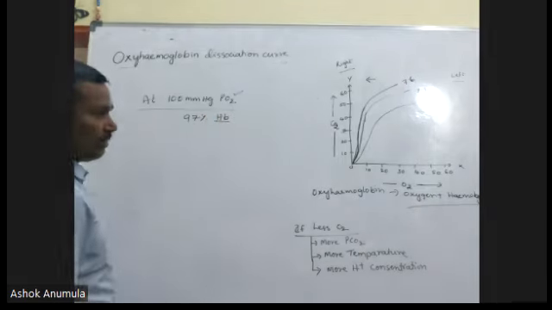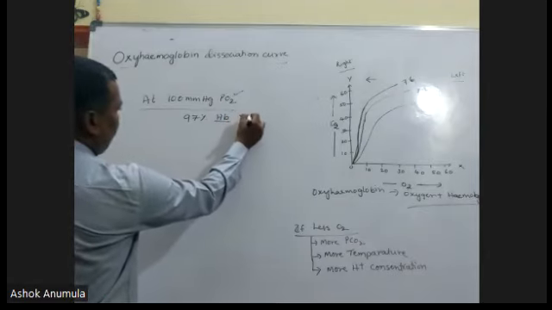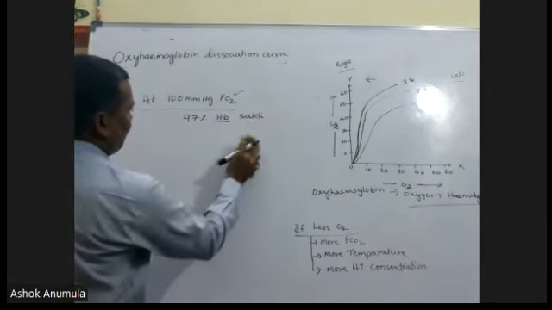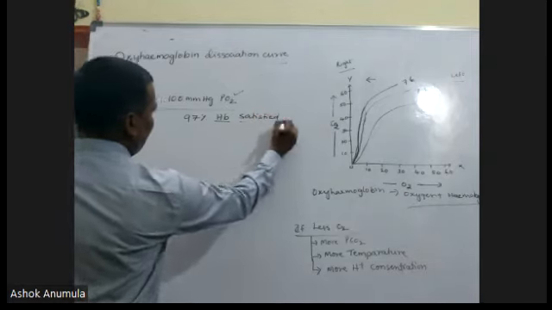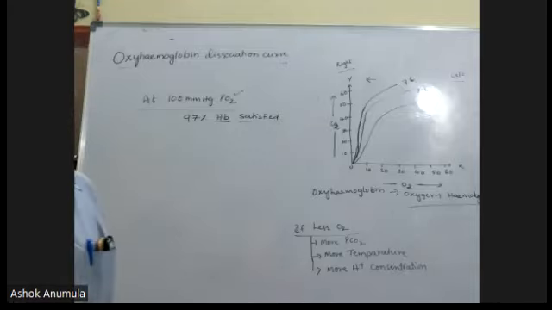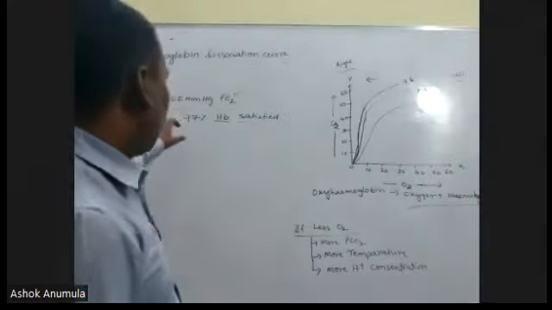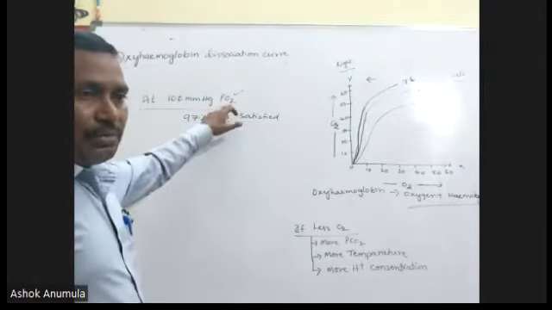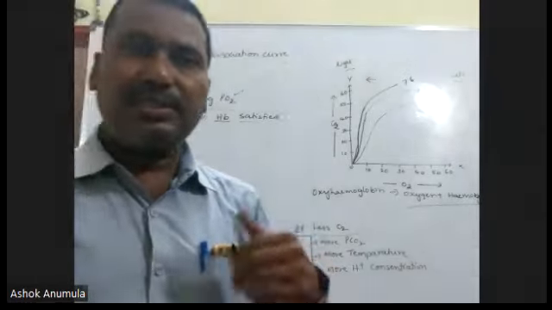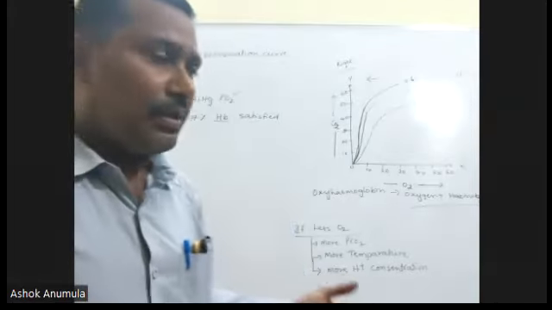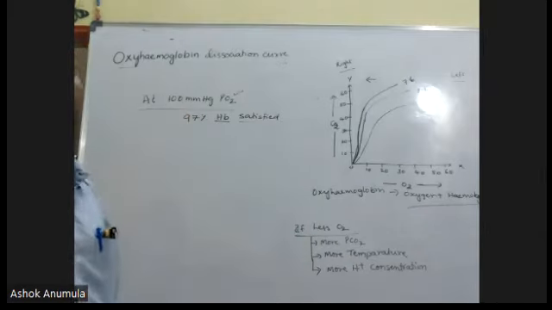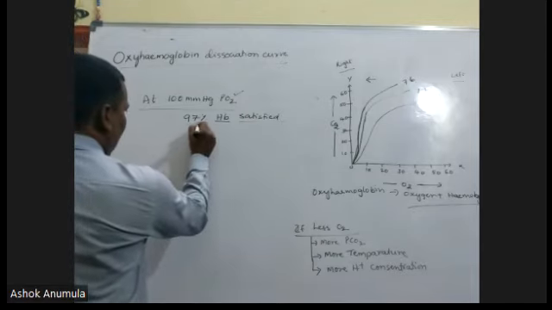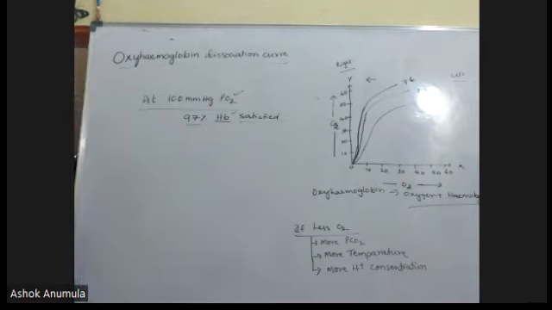Hb means hemoglobin. 97% means roughly 100%, so the hemoglobin is almost fully saturated.